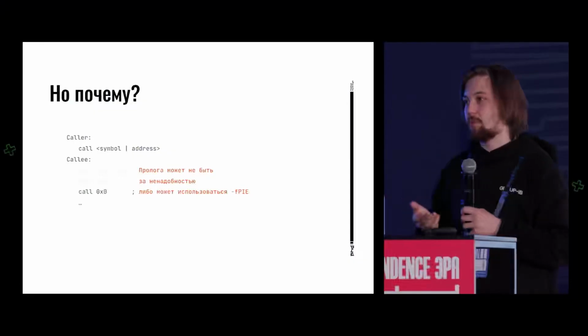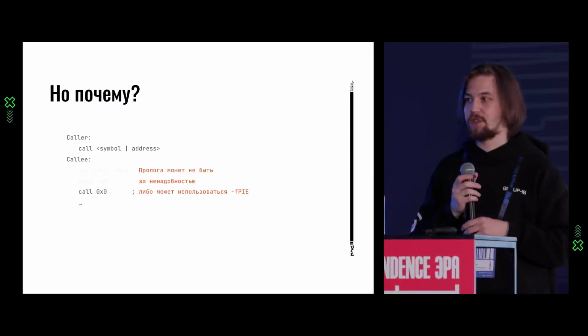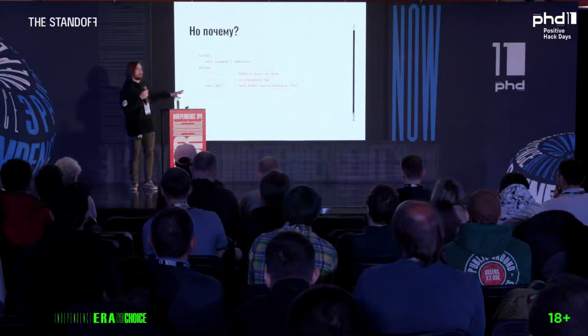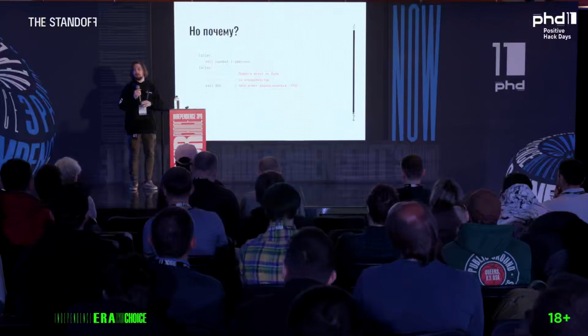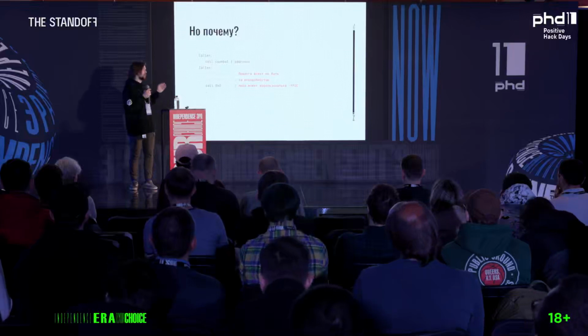Okay, we have it for the old versions of the compilers, and in the new ones, if you're going to use them, and we are most likely to do it, because good customers keep track of the kernel versions, we will not see any preface. And the kernel can be built with position-independent code flags.